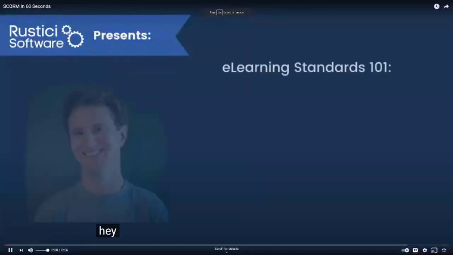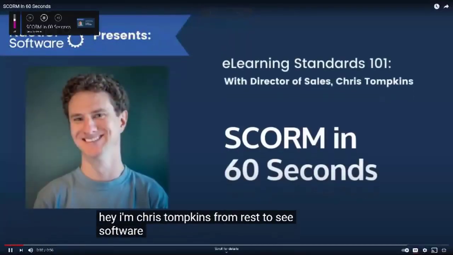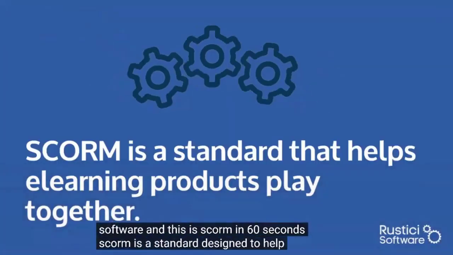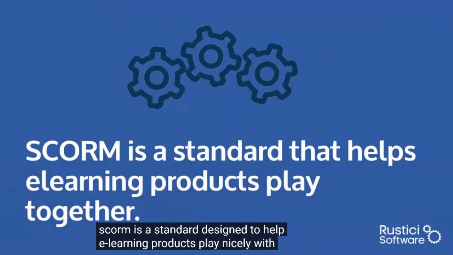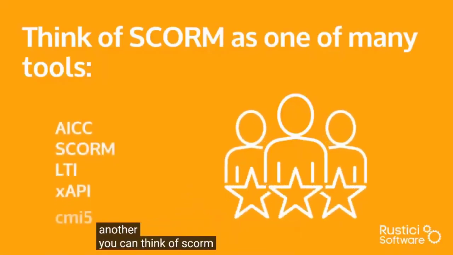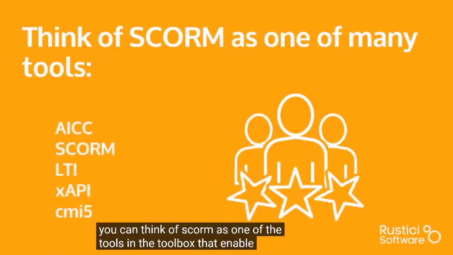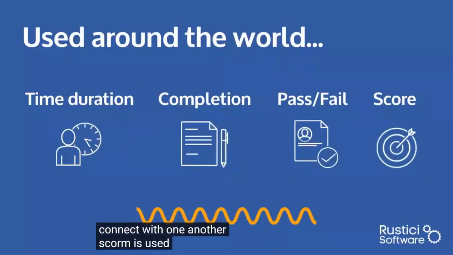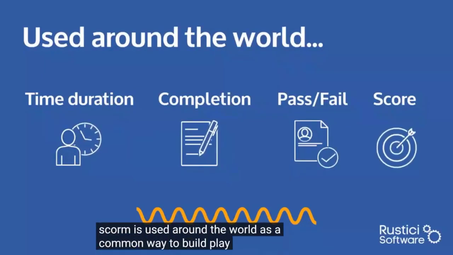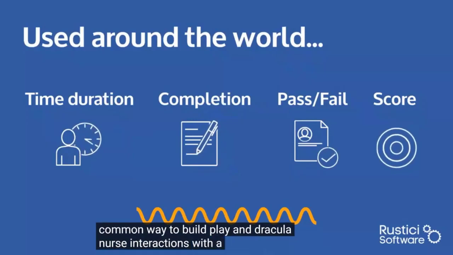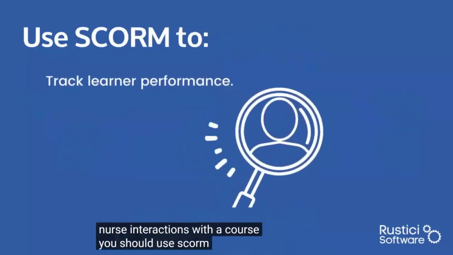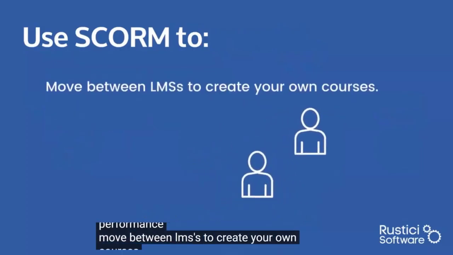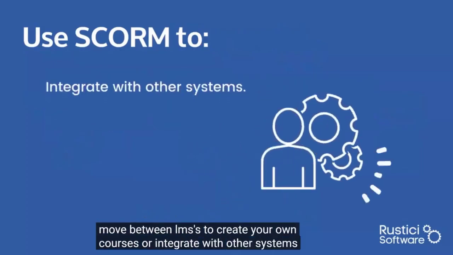Hey, I'm Chris Tompkins from Rusticy Software, and this is SCORM in 60 seconds. SCORM is a standard designed to help e-learning products play nicely with one another. You can think of SCORM as one of the tools in the toolbox that enable different e-learning products to easily connect with one another. SCORM is used around the world as a common way to build, play, and track a learner's interactions with a course. You should use SCORM if you have a course that needs to track learner performance, move between LMSs, create your own courses, or integrate with other systems.